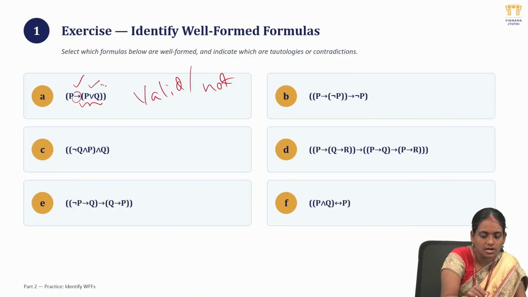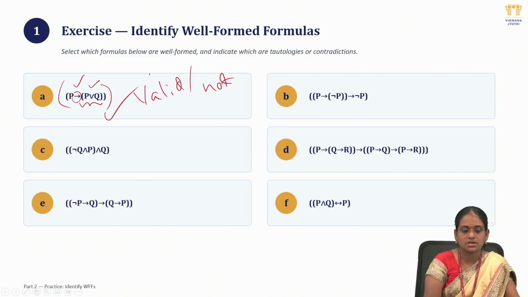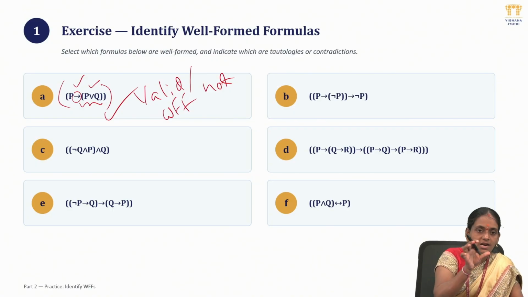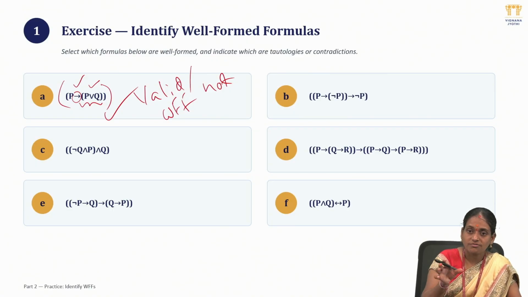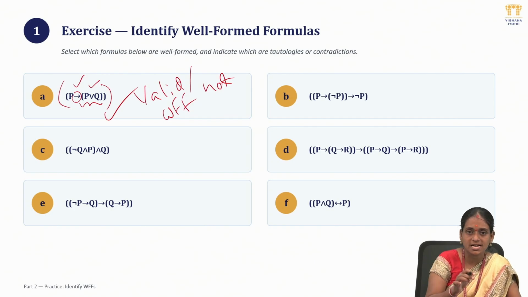For the whole formula also we are having parentheses. So this is in the correct format, so this is a valid well-formed formula. Like this, you have to check in depth each and every variable, followed by what connectives we are having, and whether parentheses are used properly or not. That is what you check for identification of well-formed formulas.